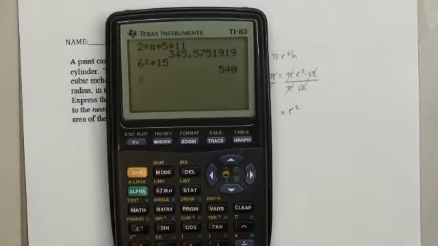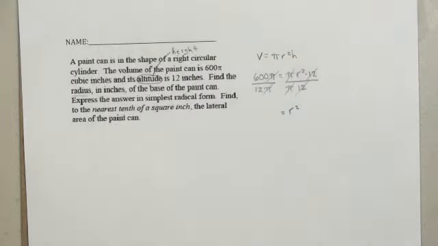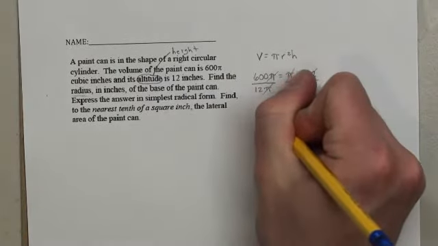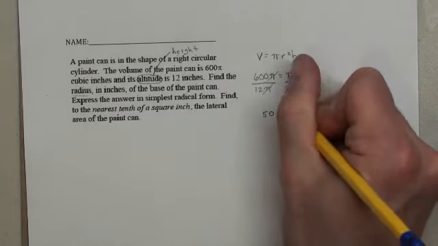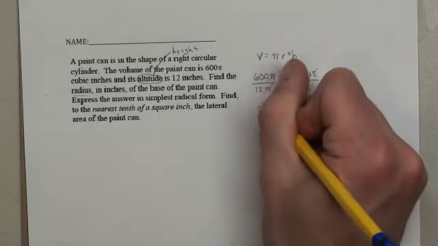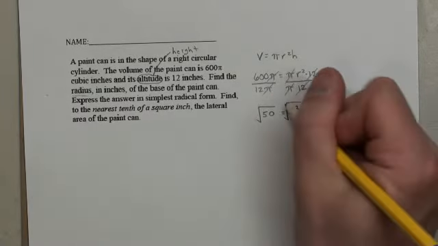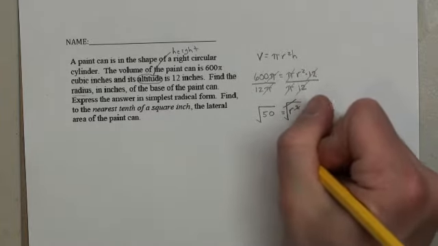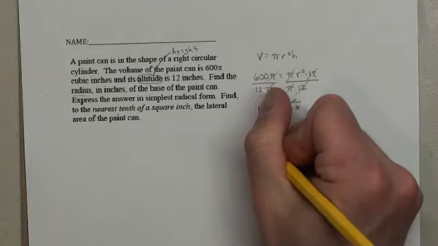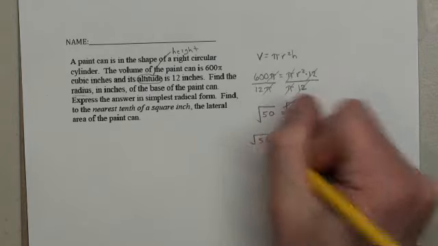Let's see what 600 divided by 12 is. 50. So r squared equals 50. Okay. So now to get rid of the squared, we have to do the square root of both sides, because the square root cancels out the squared, and we get r equals the square root of 50.